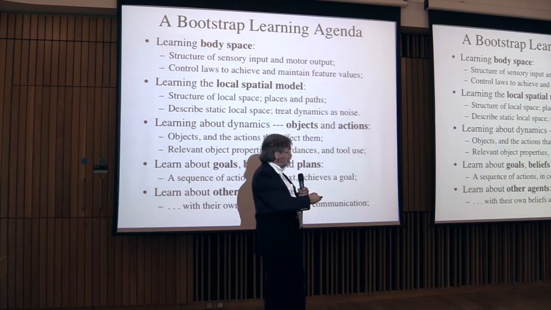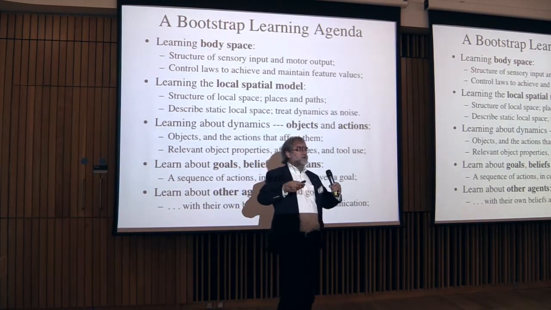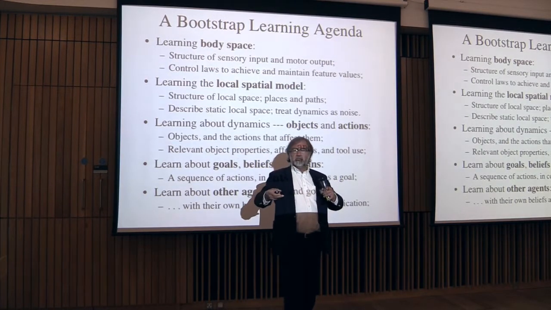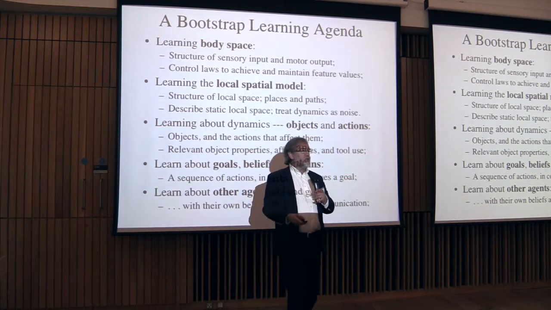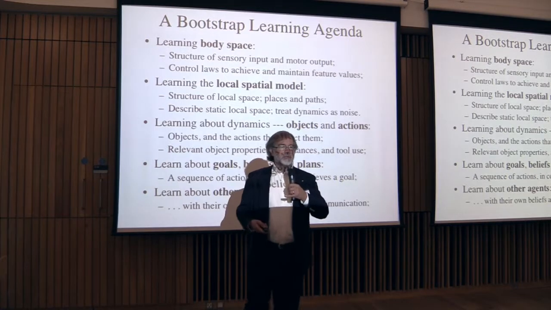But once we have goals, beliefs, and plans, we start to have the machinery to be able to comprehend other agents and to be able to say, well, other agents might have goals and beliefs and make plans too.